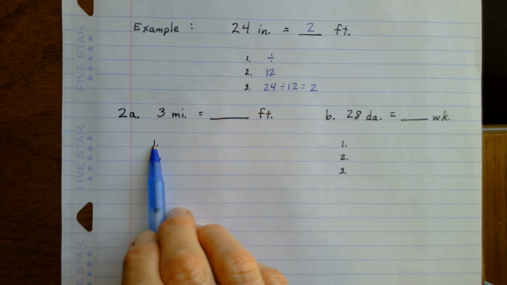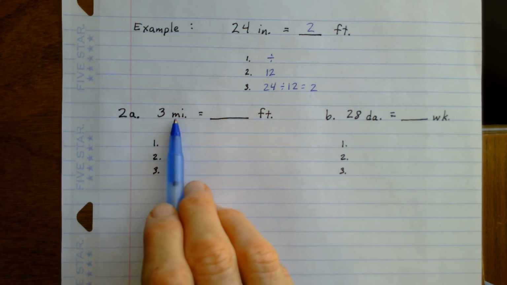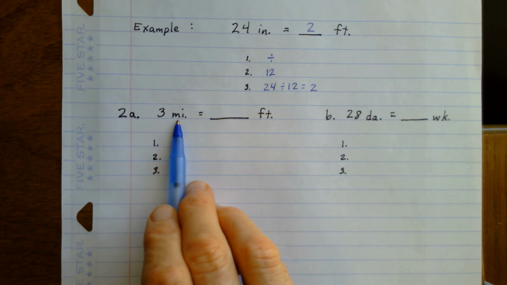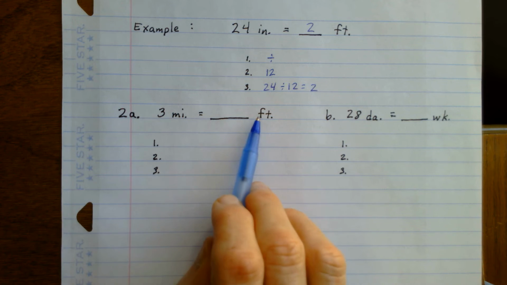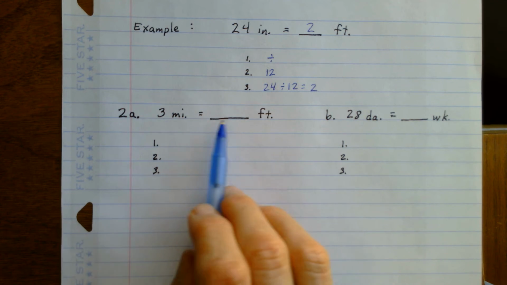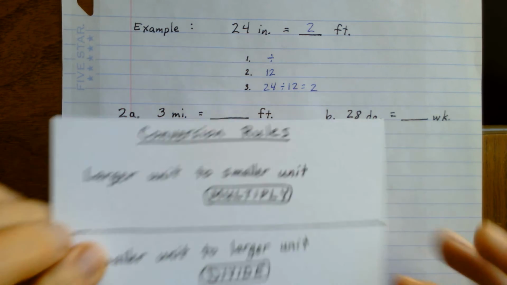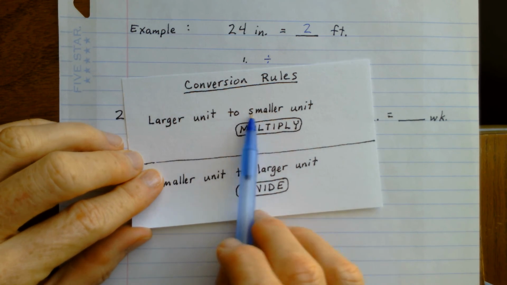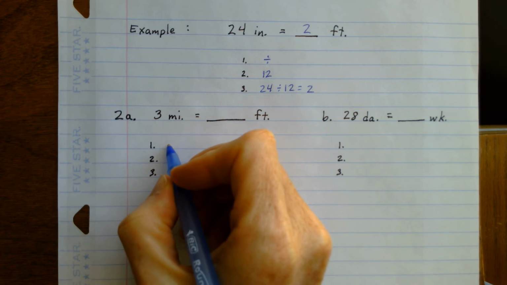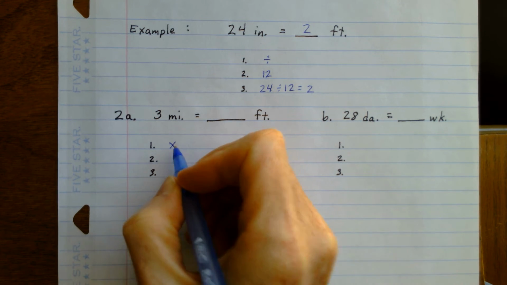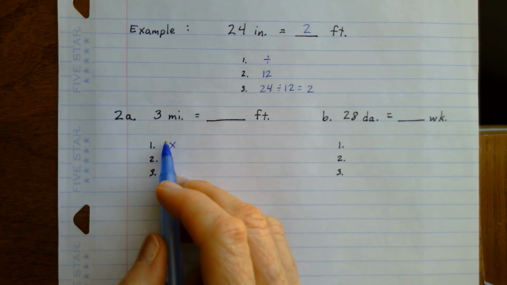And for 1, I want you to tell me, are you going to multiply or divide? Well, I'm going from miles to feet, larger to smaller. So the rule is larger unit to smaller unit, multiply. So number 1, I'm going to multiply. So put a little times symbol. Put this on your paper for 2a.